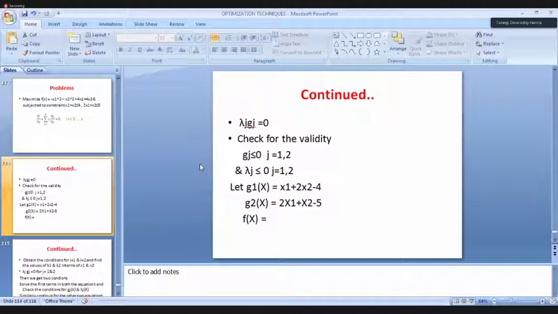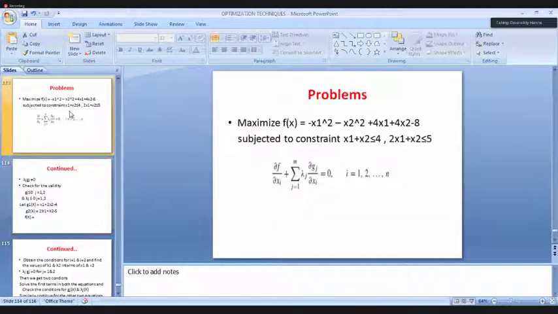Understood till there? Everyone understood that, please? Yes, sir. Now you need to check for the validity. Means what? gj is less than 0. Why am I taking gj value less than 0? It is given in the question itself. What is given for gj? Less than 4, less than 5.